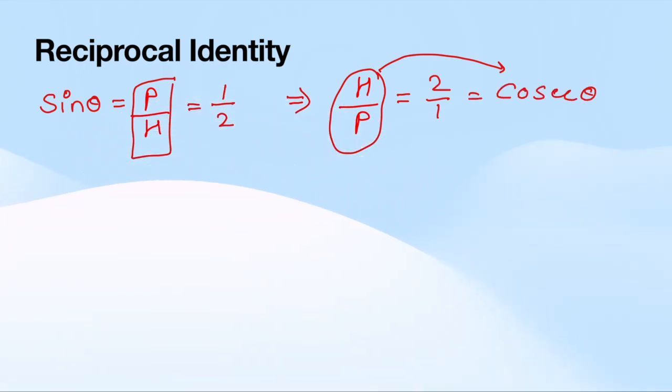It means for all the angles we have reciprocals as well, which are just the opposite of them. Like sine theta is P by H, similarly cosec theta is just the opposite of it, H by P.